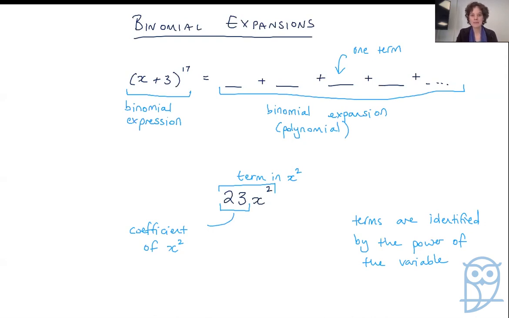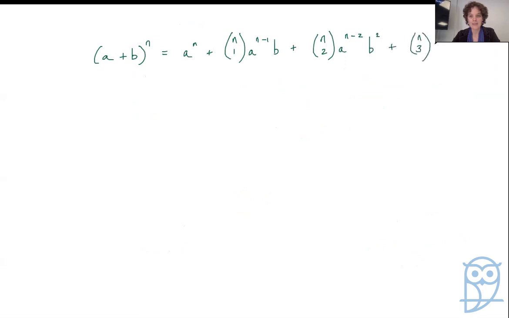I have mentioned that we have a very handy little formula. What is the formula? We need a lot more space for that. We can say that (a + b)^n equals a^n plus nC1 a^(n-1) b plus nC2 a^(n-2) b^2 plus nC3 a^(n-3) b^3 plus dot dot dot.